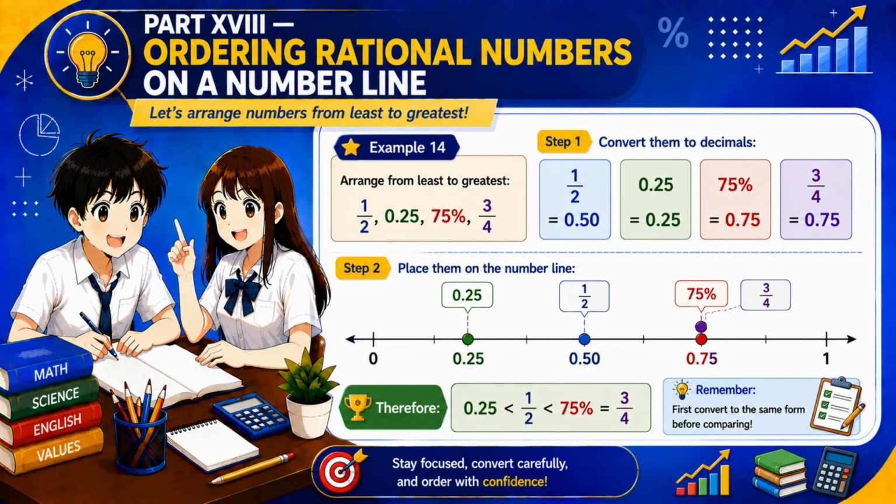Before ordering different forms of rational numbers, convert them into the same form. Here, we use decimals. Then we compare their positions from left to right on the number line.